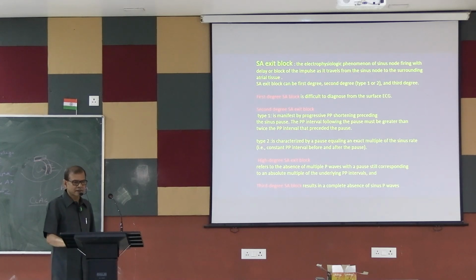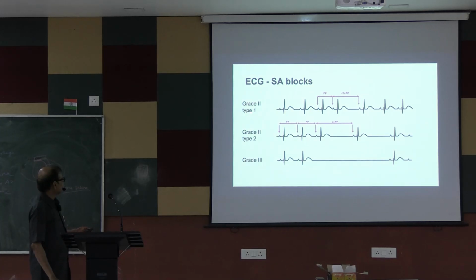Now the electrocardiographic examples. Grade 2, type 1. This is the PP interval, and this is the PP interval, then the absence of the P wave, a gap.